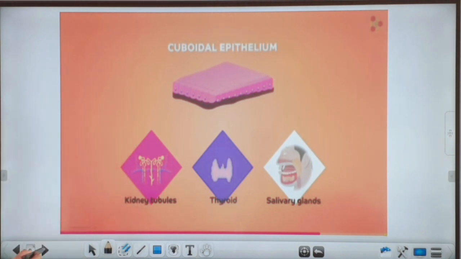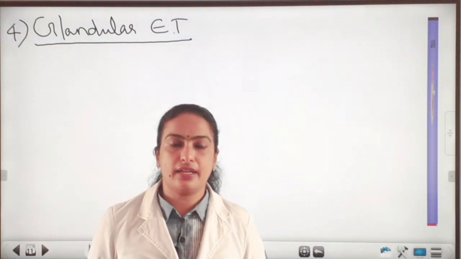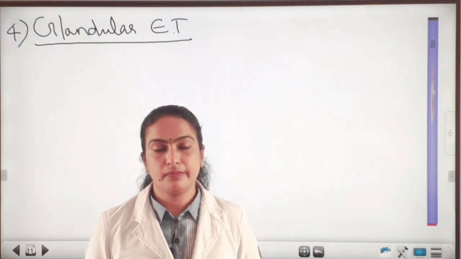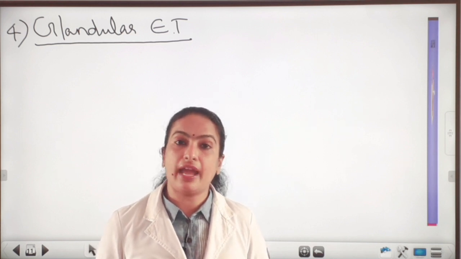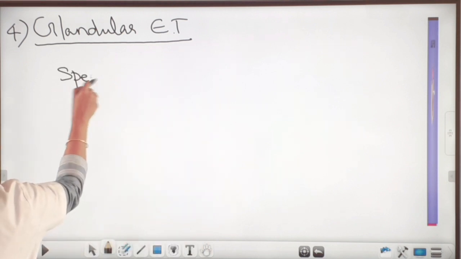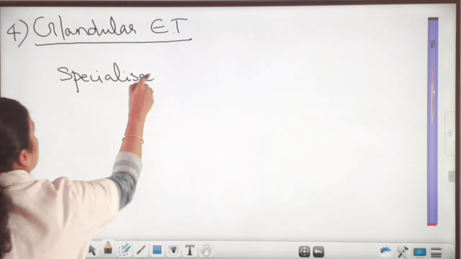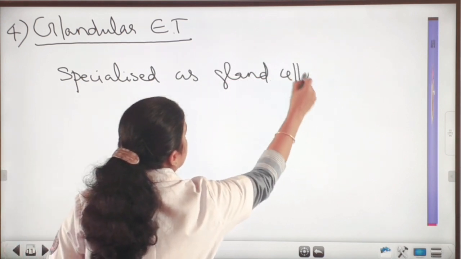And now we can see the last epithelial tissue, that is glandular epithelial tissue. The epithelial tissue often acquires a specialization as gland cells.